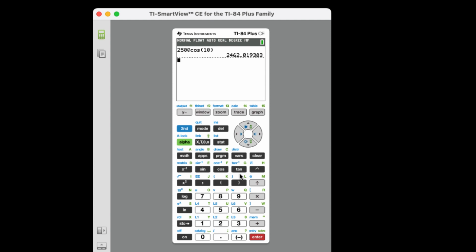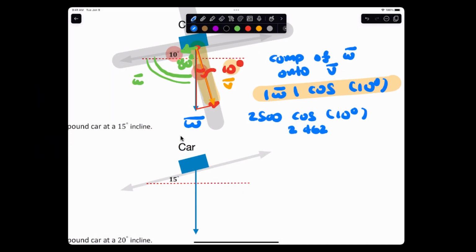And so this would be 2,462, if we go to the whole number of pounds. So we're going to leave it that way.